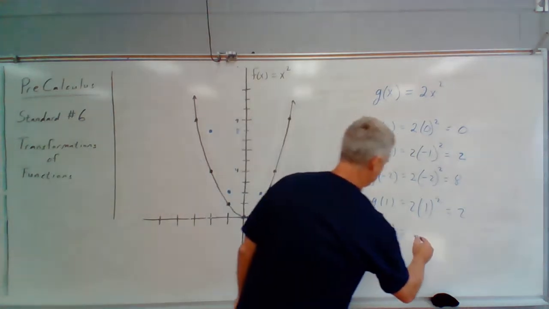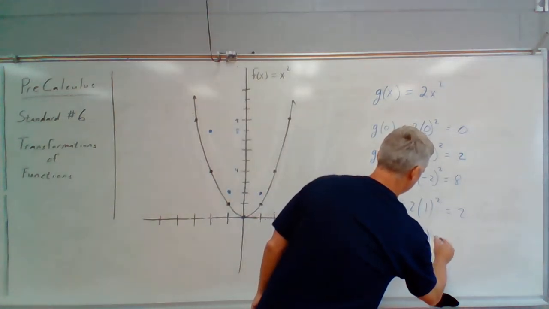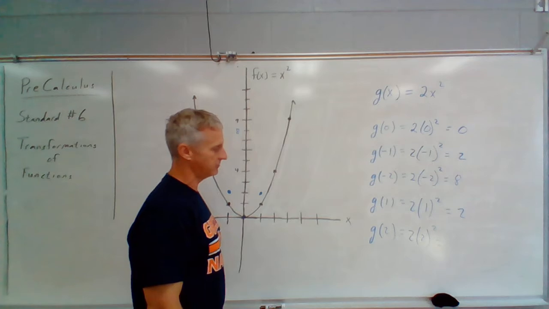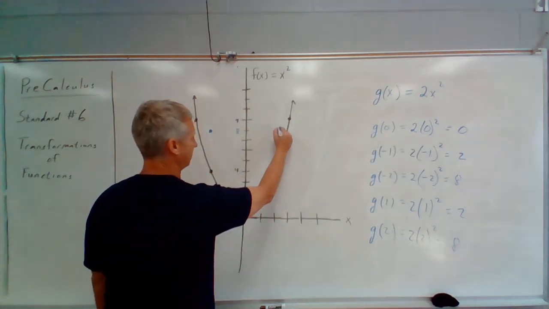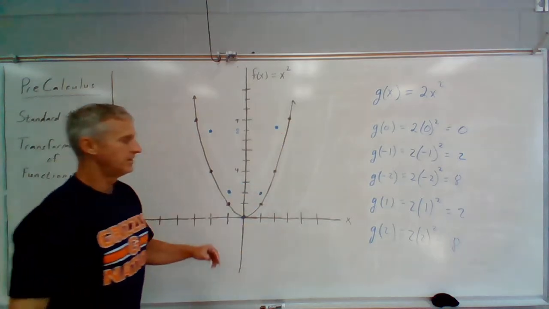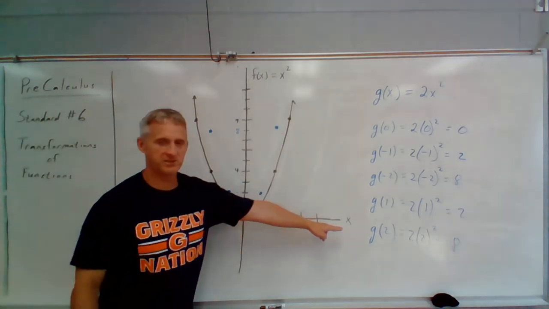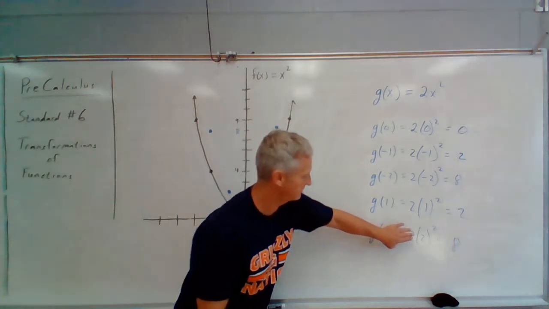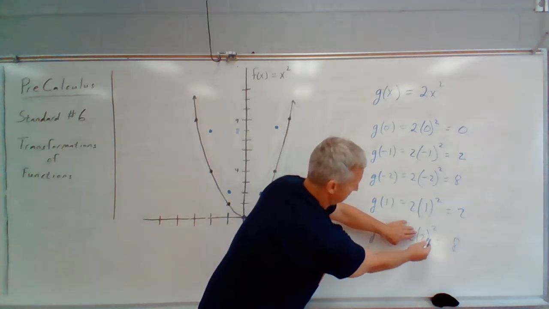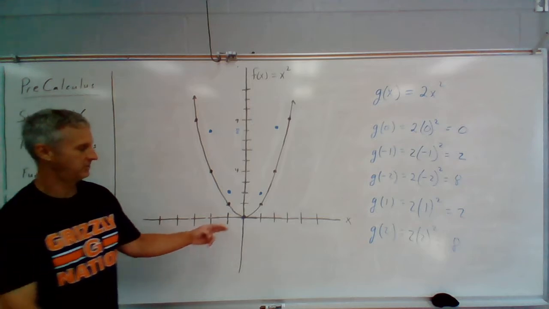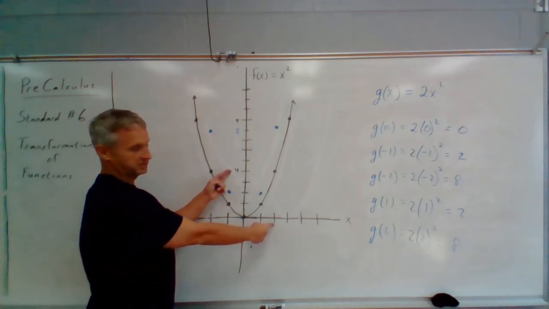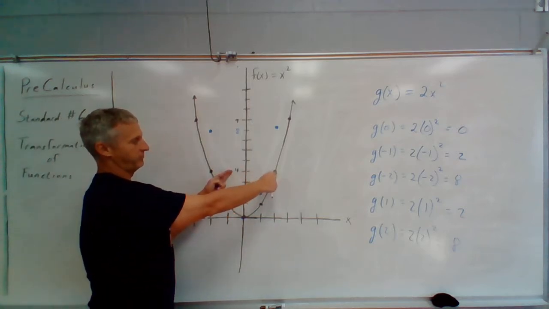My g of 2 is 2 times 2 squared. 2 squared is 4. 2 times 4 is 8. And I get 8. Notice that plugging a 2 into the blue function is the same thing as plugging 2 into the original function and then multiplying your answer by 2. When I plug 2 into the original function, I got 4.